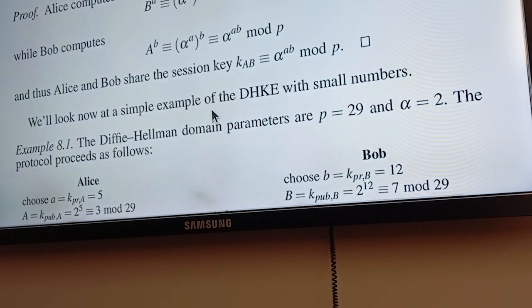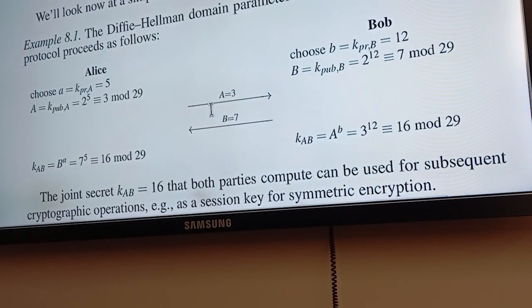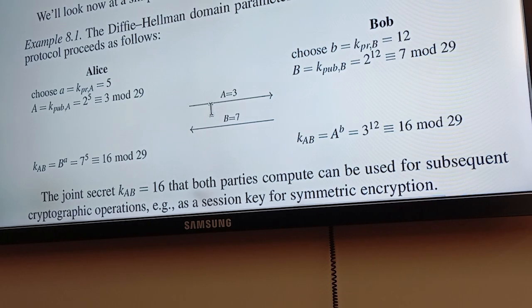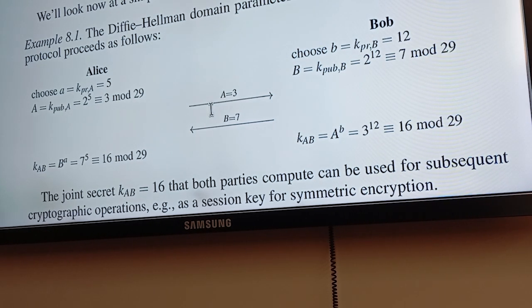We also have a very, very basic example here to further clear our doubts that the Diffie-Hellman key exchange was a very solid, ingenious idea.